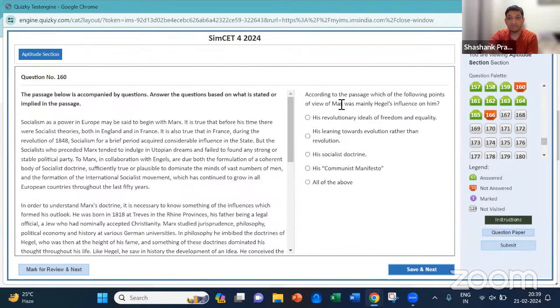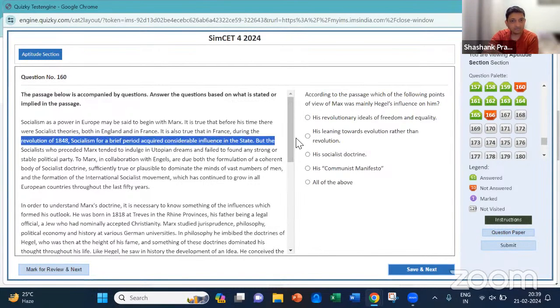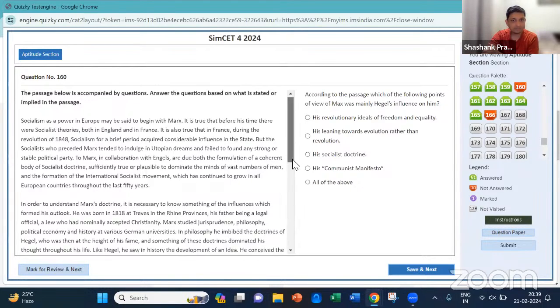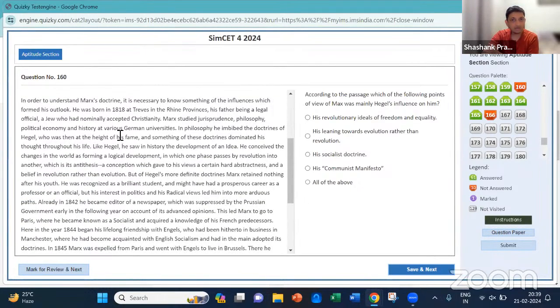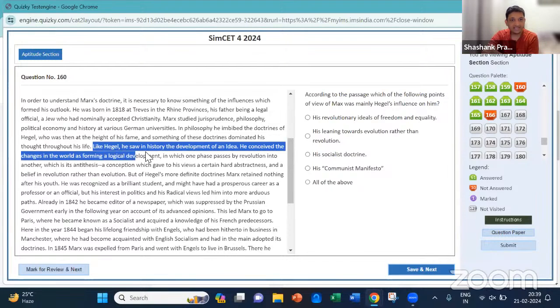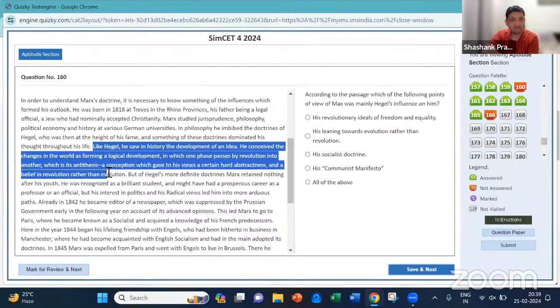Which of the following passage points of view of Marx was mainly Hegel's influence on him? Yeah, like Hegel, he saw in history the development of an idea. He considered the changes in the world as forming a logical development in which one phase passes by revolution into another, which is its antithesis, and a brief belief in revolution other than evolution.